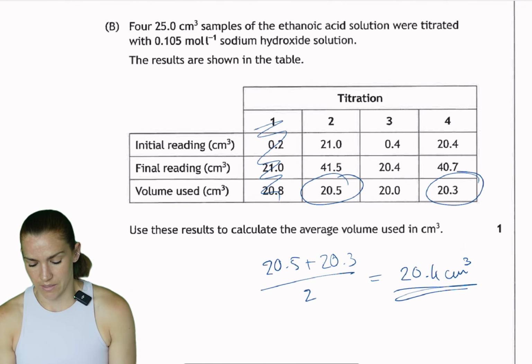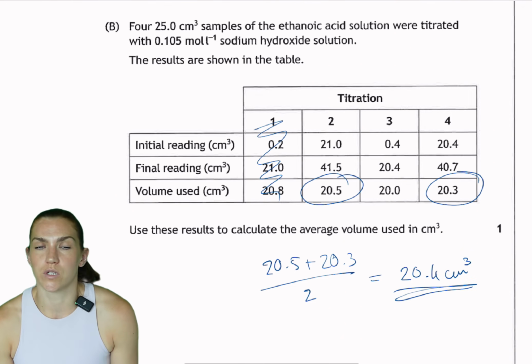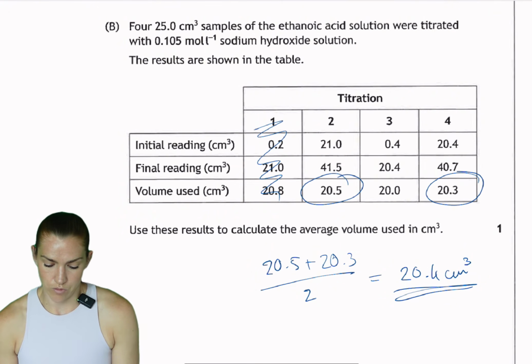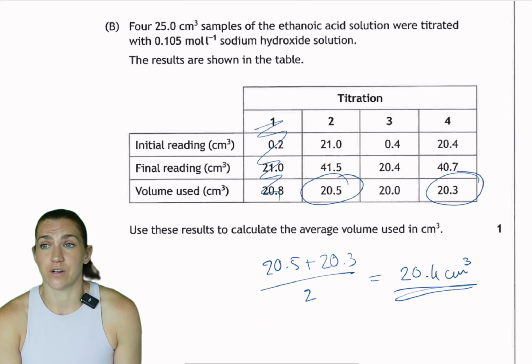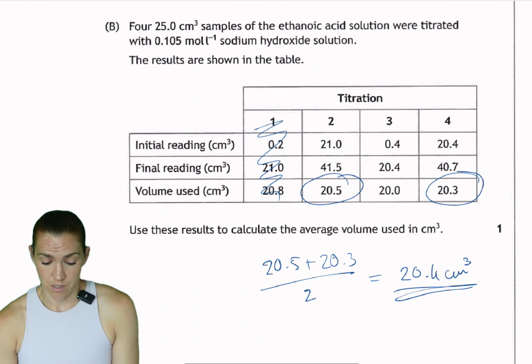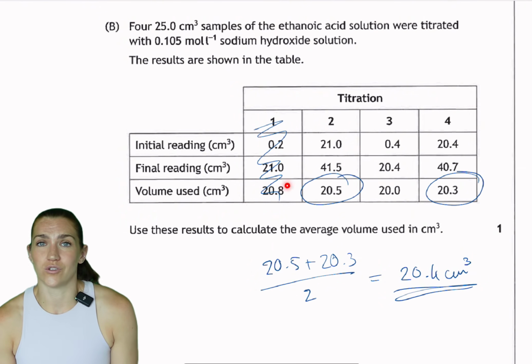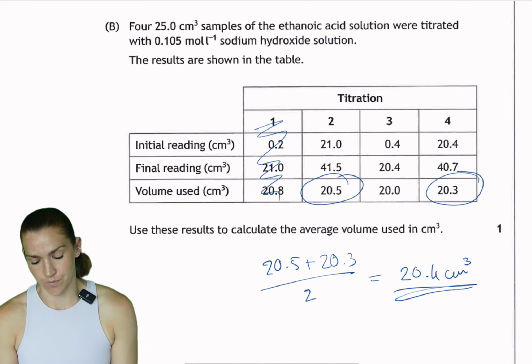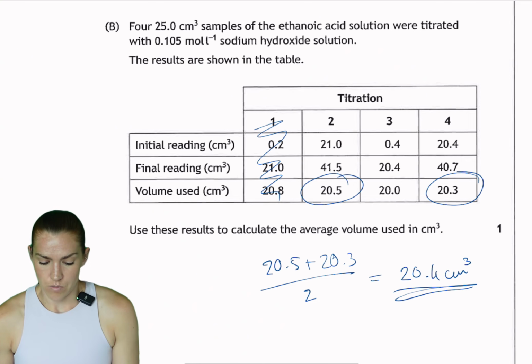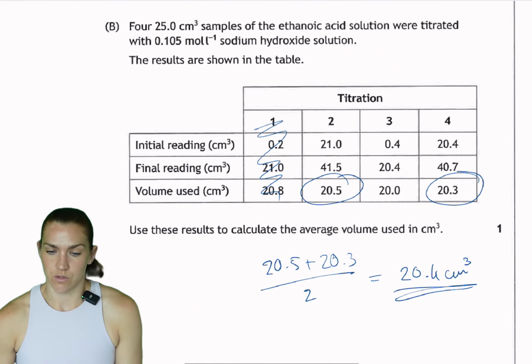With this one here, I think you actually get 20.4 if you just added up all 4 and divided by 4. If you just wrote 20.4 as your answer, then that's probably fine. However, if you were to have shown working that showed that you'd used all 4 values, I'm not really sure that would fly. So just remember, always only use the concordant results when you're calculating your averages from titrations.